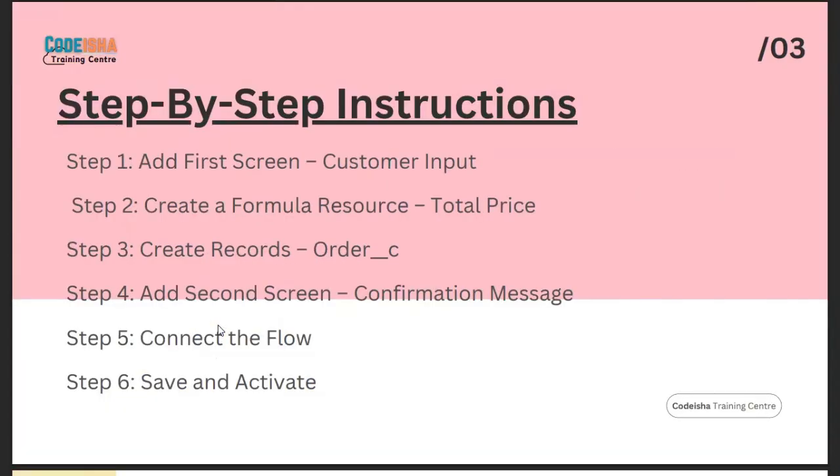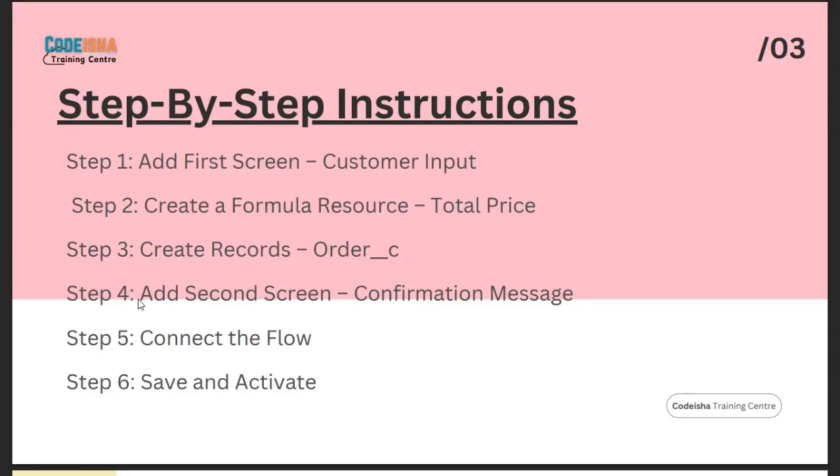So here are the step-by-step instructions for this flow. Step one, we add a first screen and name it Customer Input. Step two, we create a formula resource and name it Total Price. Step three, we create a record element for the custom object, the Order custom object.